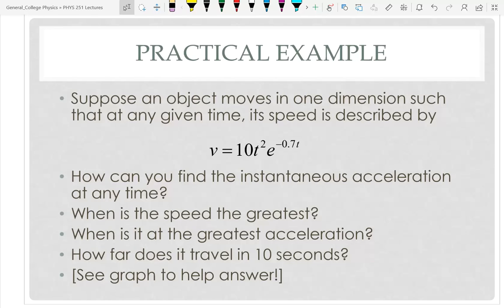When is the speed the greatest? How can I find when the speed is the greatest? And I don't want you to say graphically. Graphically would be a correct answer, but that's not the one I want. In calculus in general, how do you find a maximum or minimum?